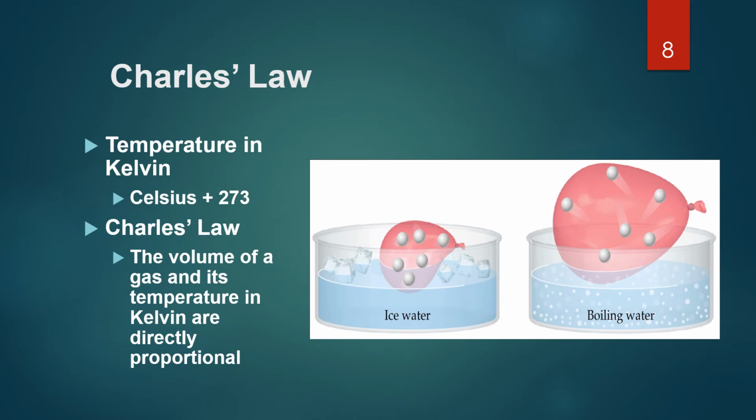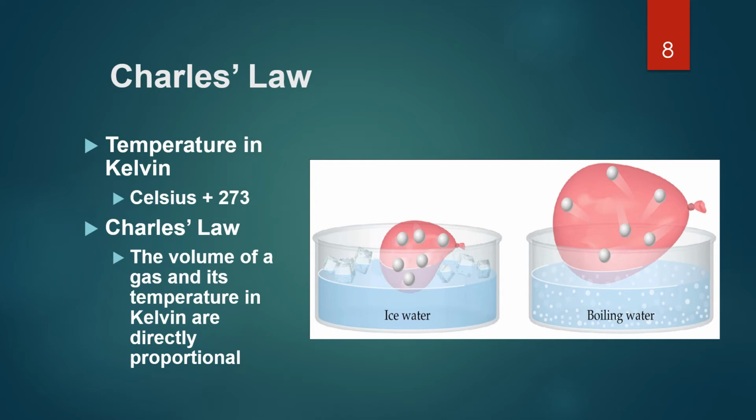Another example using that proportionality between temperature and volume in Charles' law is if you took a balloon and you put it in ice water. Okay. If you've ever been to the Museum of Discovery, they do this example with liquid nitrogen, which is very, very cold.